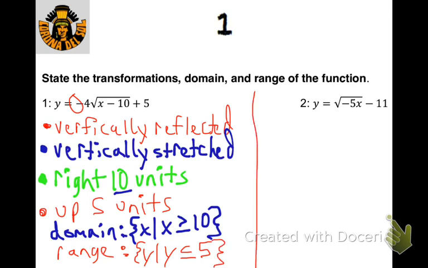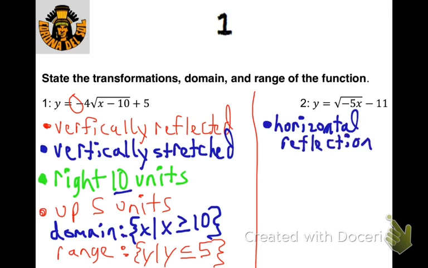Alright, over to this side, looks like we have a horizontal reflection. That's the negative sign under there. So horizontal reflection. And then we have the 5 is a horizontal, and remember it's the opposite, so this is a horizontal compression.